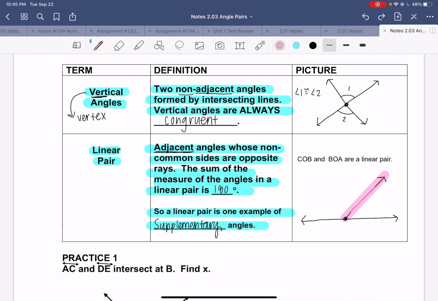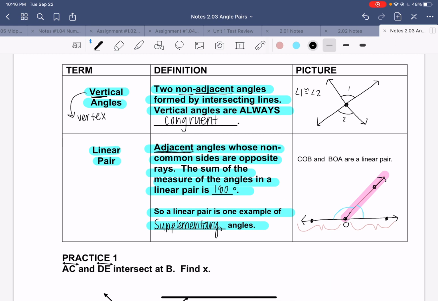So what it's talking about is this side right here and this side right here. They're opposite rays. So this measure plus this measure equals 180 degrees.